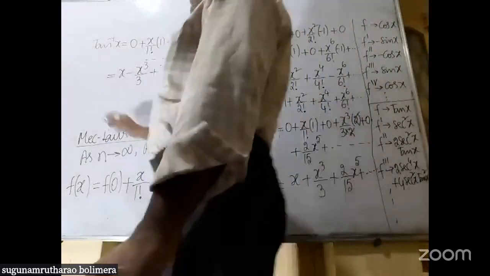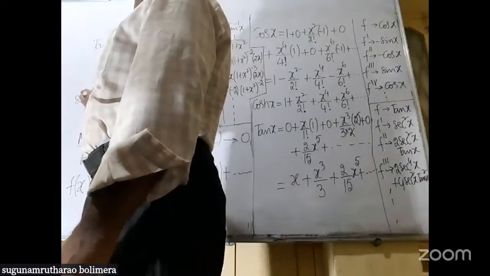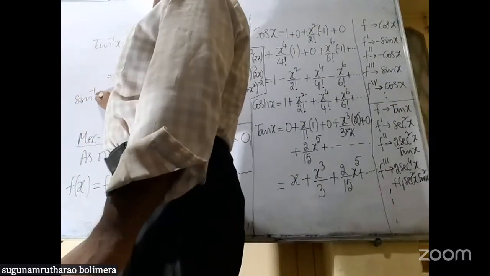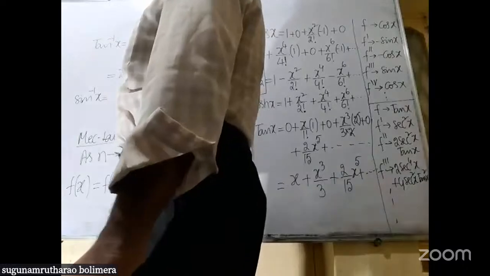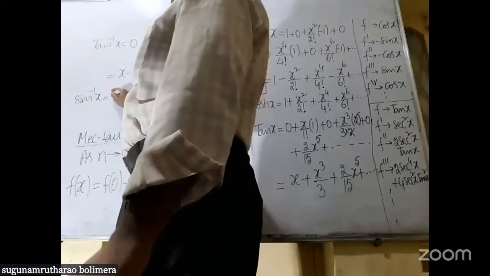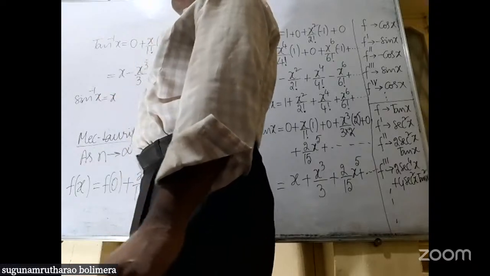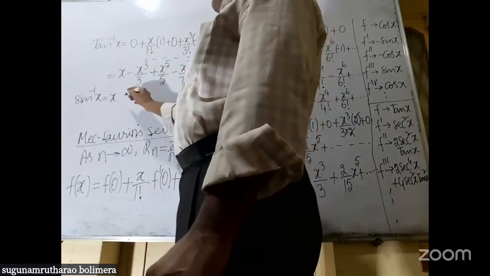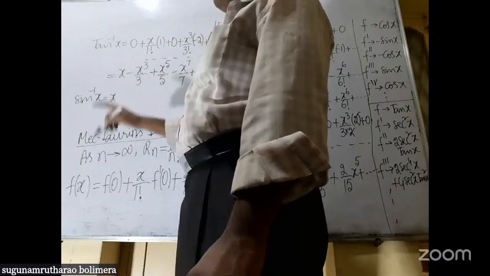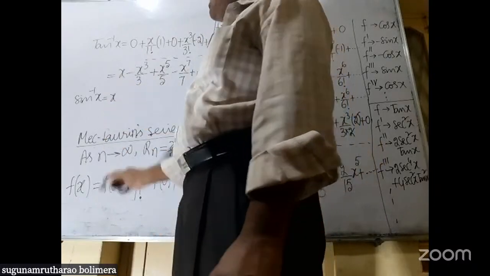So the sin inverse x expansion, in a similar manner. Sin inverse 0 will be 0, so the first term will be 0. Sin inverse x derivative is 1 by root of 1 minus x squared.